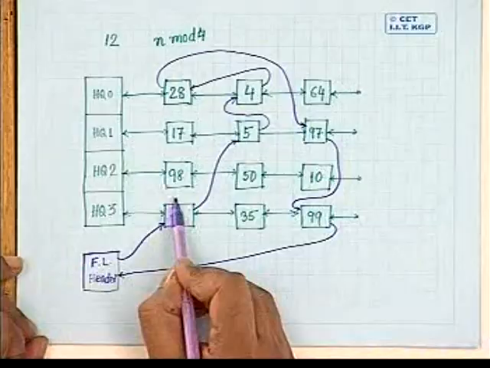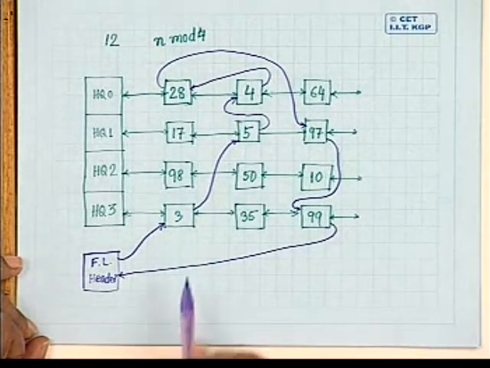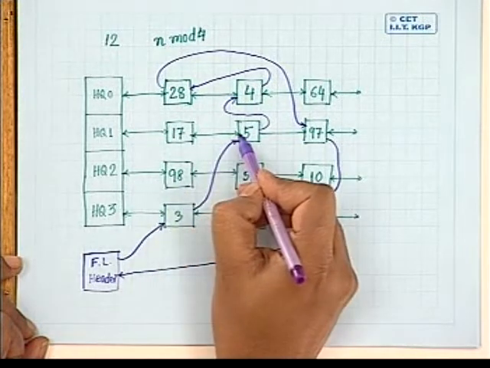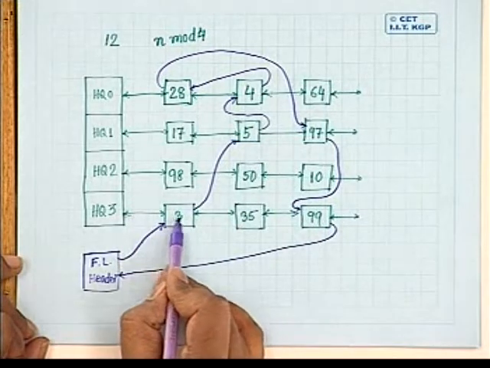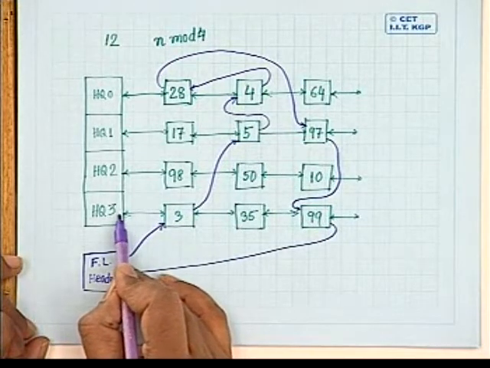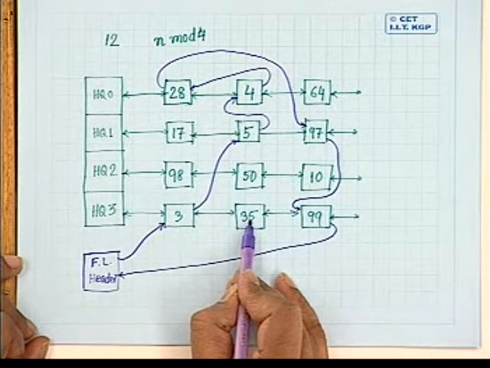So if I want to take this buffer containing block number 3 out of the free list, what I have to do is put this pointer to block number 5. Similarly, the forward pointer from the header node of hash queue 3 has to point to block number 35.